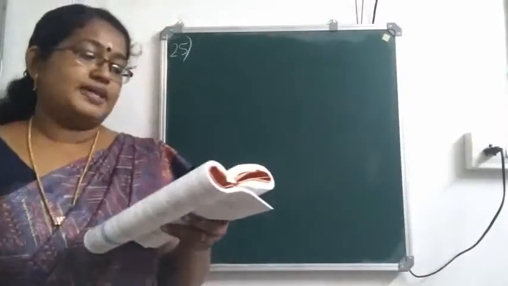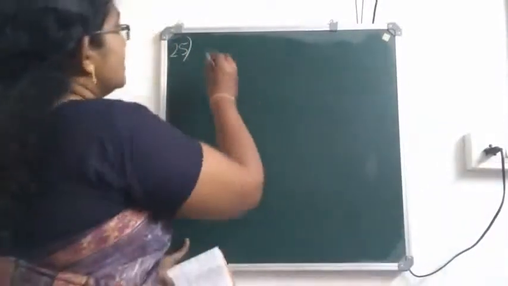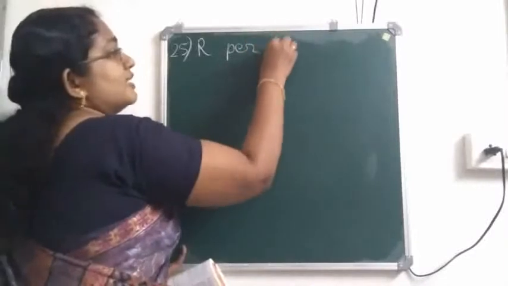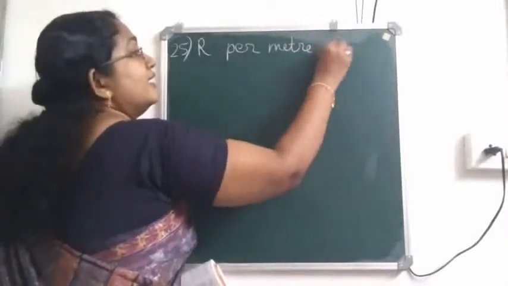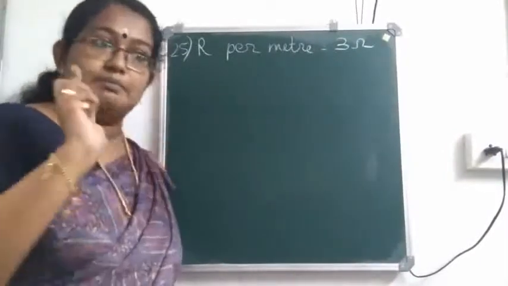Question number 25. A particular resistance wire has a resistance of 3 ohm per meter. Okay. So resistance per meter, how much is given here? It is 3 ohm. It is the resistance per meter.